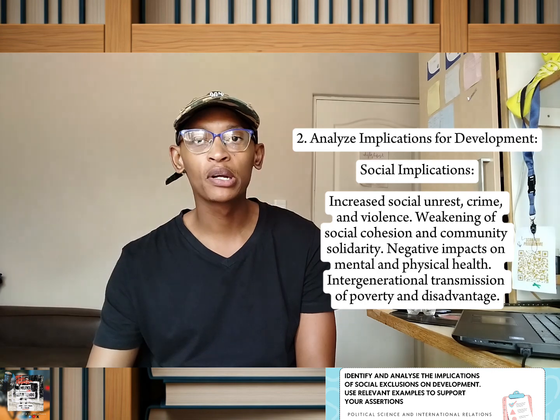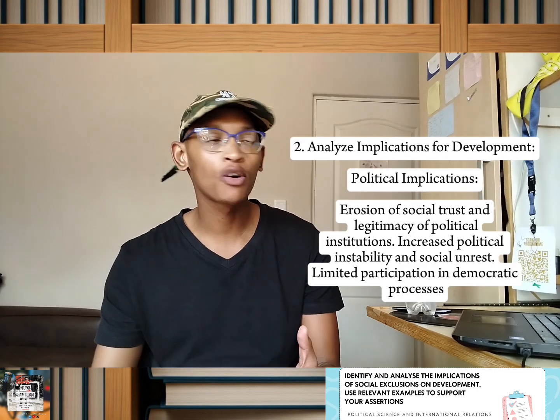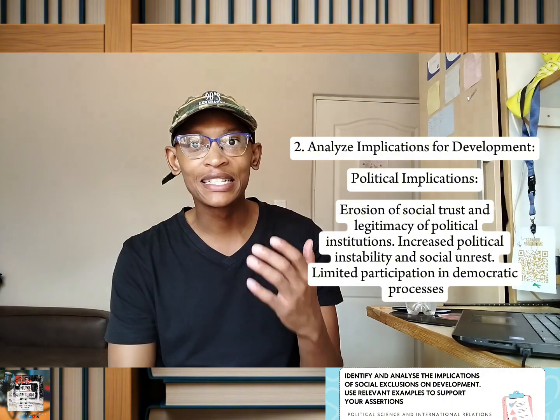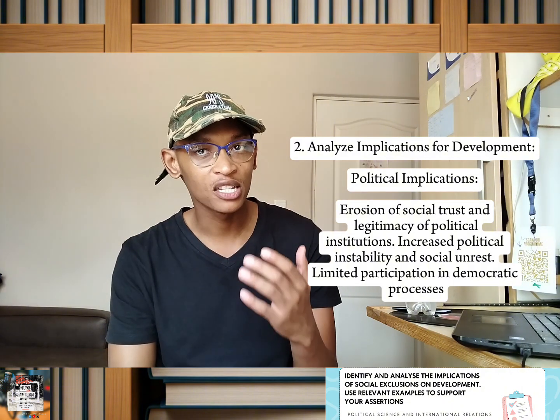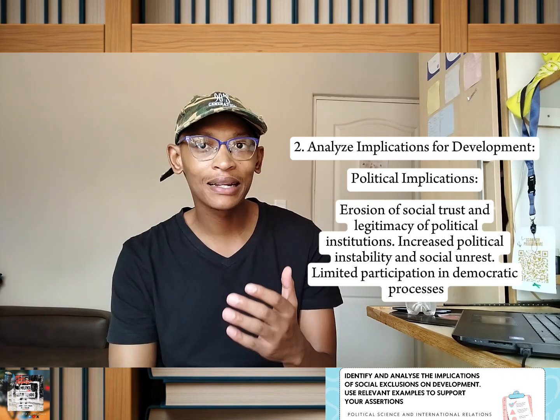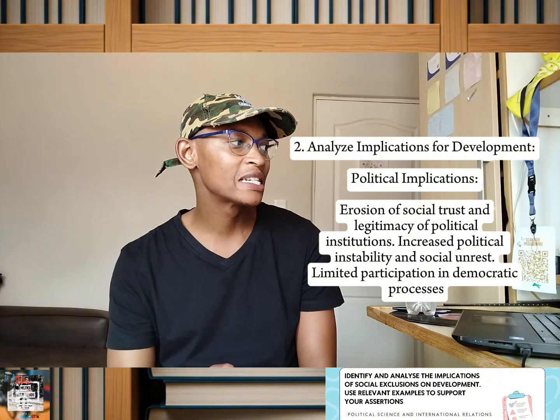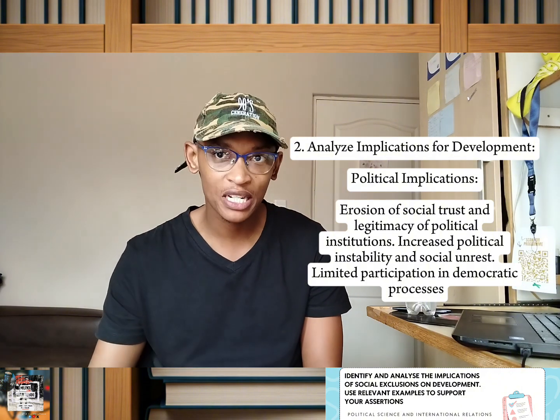Also, we should consider the political implications, in which we'll look at the erosion of social trust and legitimacy of political institutions, as well as increased political instability and social unrest, and limited participation in democratic processes.